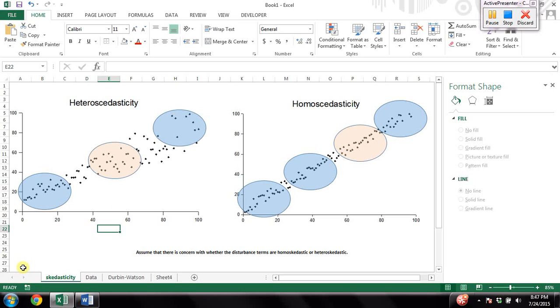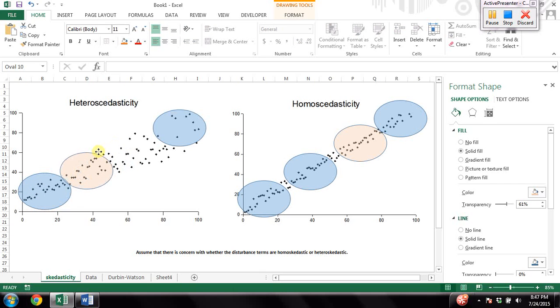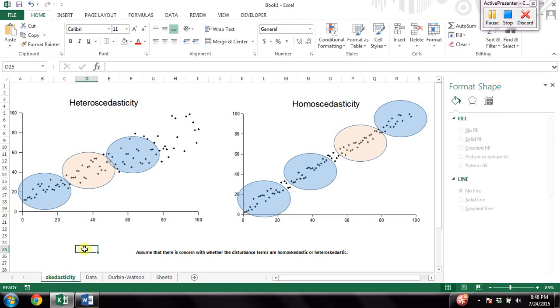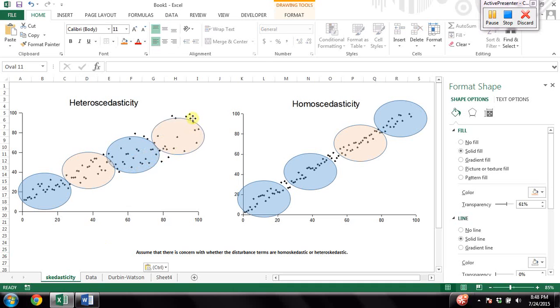So you have data already set up for you. You should graph it just like this, which is a scatter plot, and then judge what you think. You can maybe put these circles here and see what you think. The point is, it's supposed to be informal, as the instructions say.